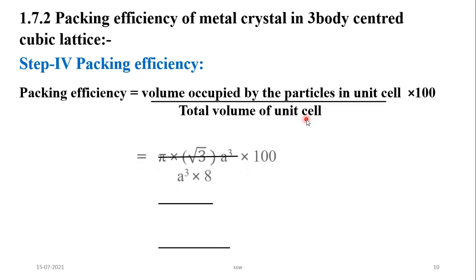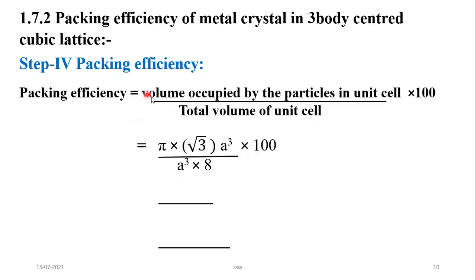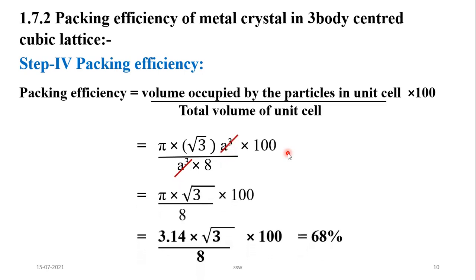So if we substitute these values, volume occupied by the particle in unit cell is pi into root 3 into A cube divided by 8, and total volume of unit cell is A cube, into 100, and that is equal to what? See here, A cube is cancelled, and therefore packing efficiency is equal to pi into root 3 divided by 8 into 100. We are calculating it in percentage, so into 100.